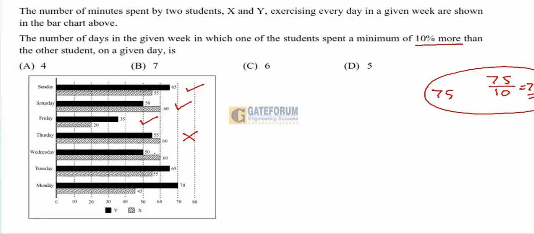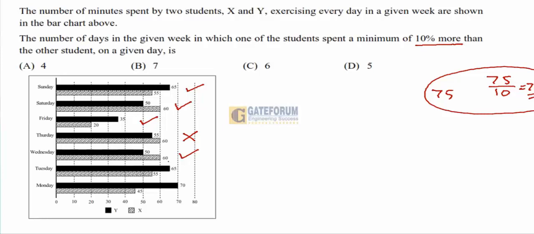Okay. Here it is 50, smaller one. 10% of 50 is 5. The larger one is 60, which is more than 5, so more than 10%. So this is also allowed. The smaller one is 55. The 10% of 55 is 5.5.